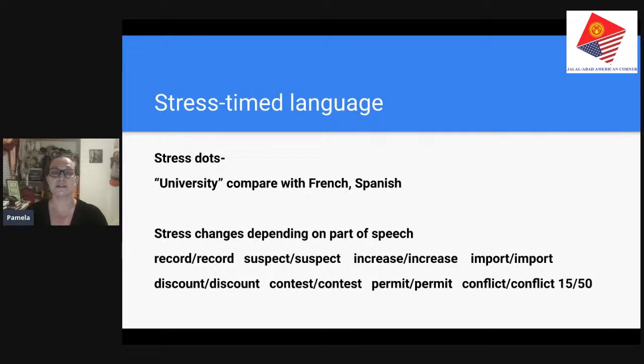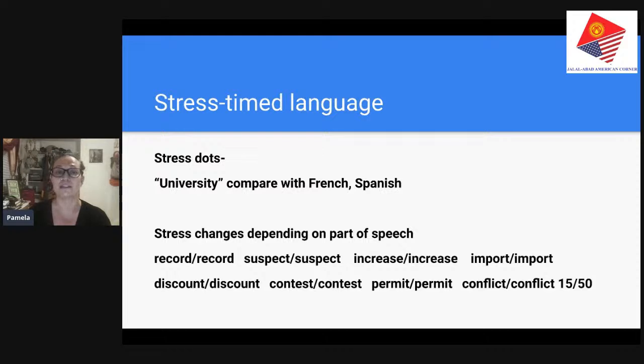Is there a secondary stress? Is there one that is a little bit stressed, but not as much as ver? Yeah, university. So there's a longer time dedicated to the ver, and a little bit longer in the u. Let's compare this with French and Spanish, where it's pretty much the same word.